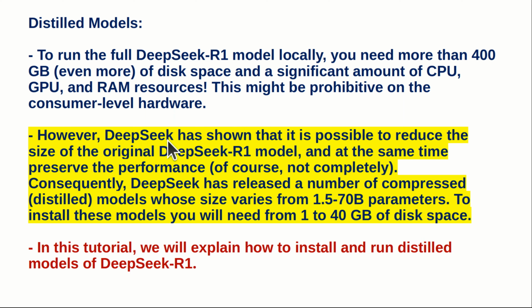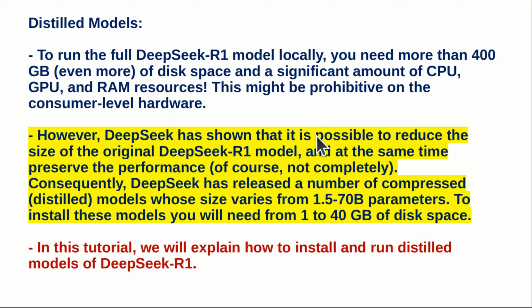However, DeepSeek has shown that it's possible to reduce the size of the original DeepSeek R1 model and at the same time preserve the performance. Of course, the performance is not completely preserved by reducing the size of the model. However, the performance is still not bad.